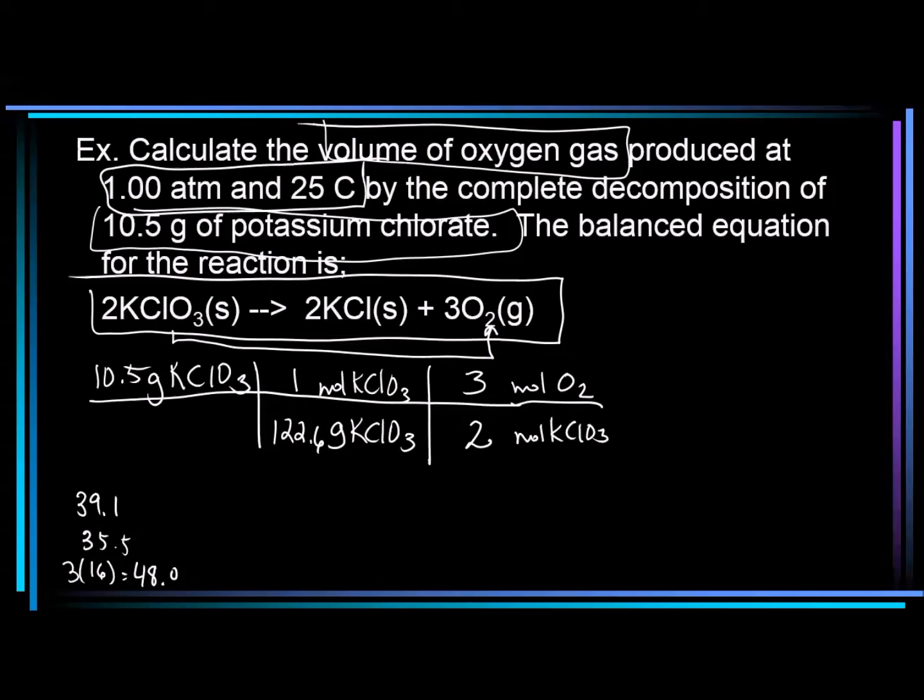Now, if you've gotten it that far, stop. Don't write anymore, because this next step is going to be wrong. But you tell me why this next step is going to be wrong. So I go to the bank and I tell the teller, okay, I would like to exchange all my moles for liters. And they'll say, don't you mean grams? They go, no, I need it in liters.